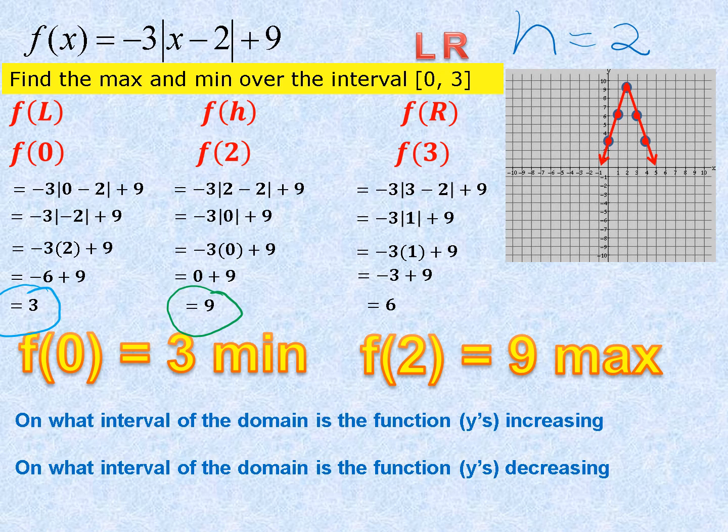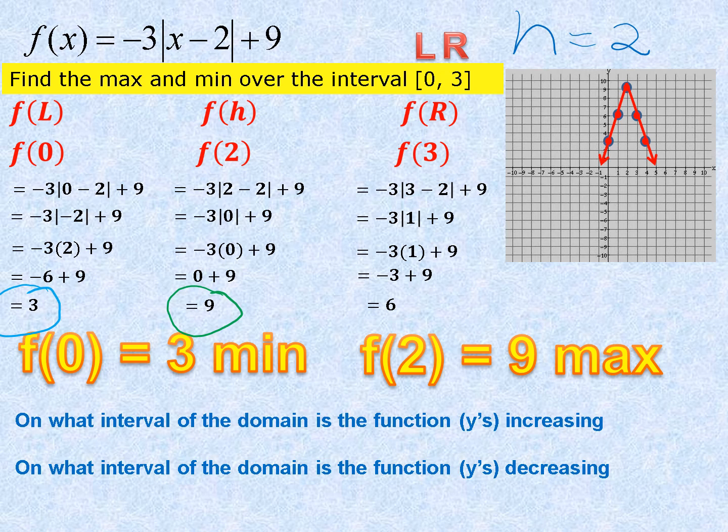Now, these two questions are going to make us think over what interval of the domain is the function increasing. So it wants to know over what part of the x's are the y's continuously getting bigger. Okay, so increasing, meaning it's going to be going up, meaning positive slope.